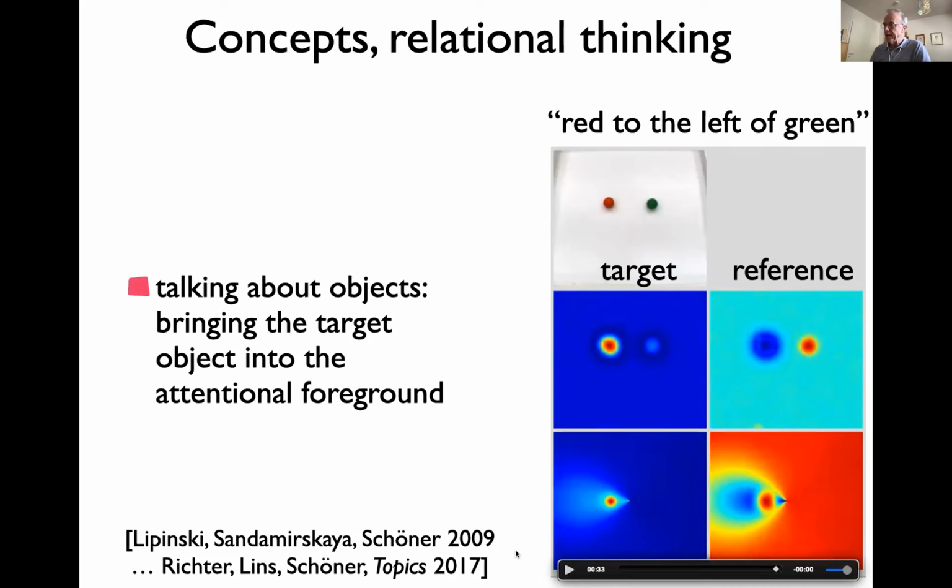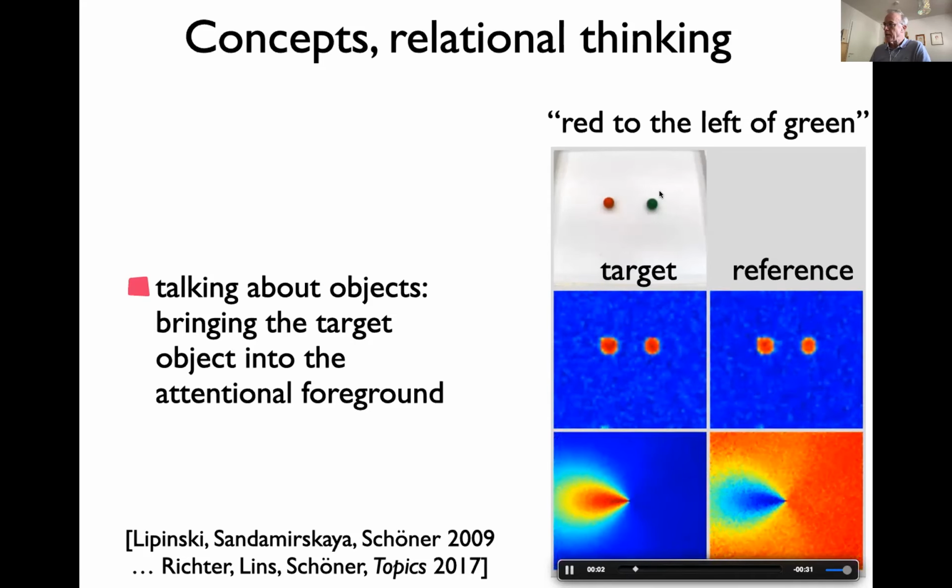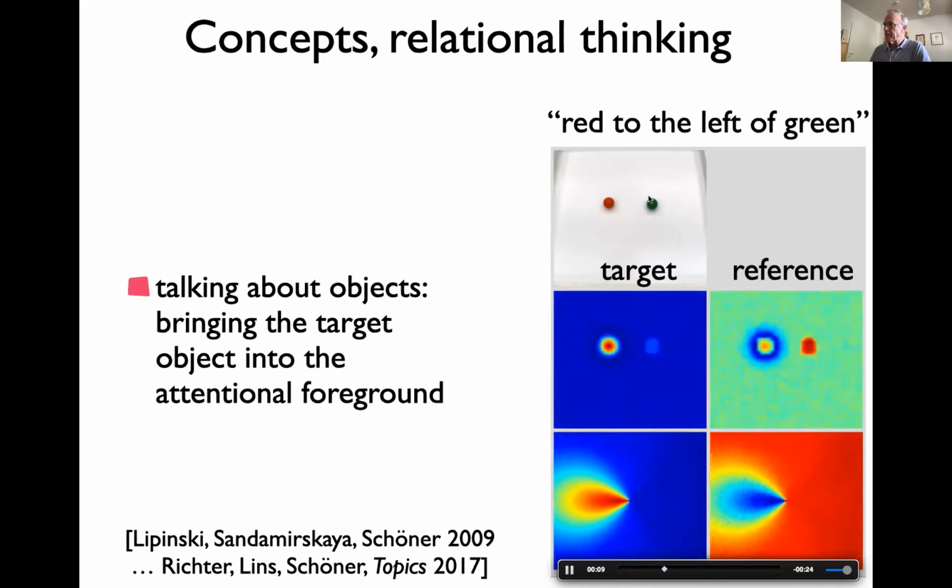So this is a spatial relation, right, to the left of, and to the left of requires you to understand that there's a reference object, the green one, and for you to interpret that phrase, therefore you need to ground the reference object.